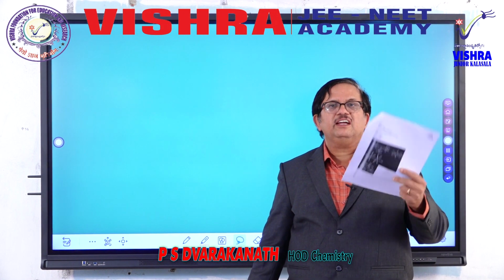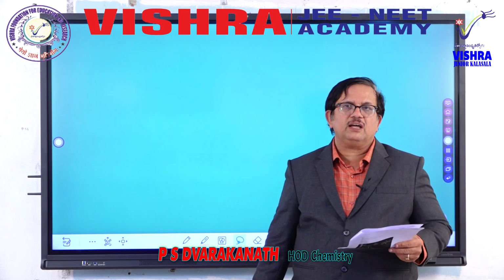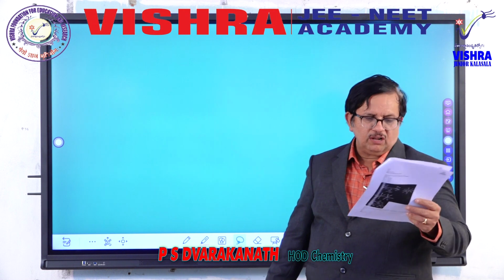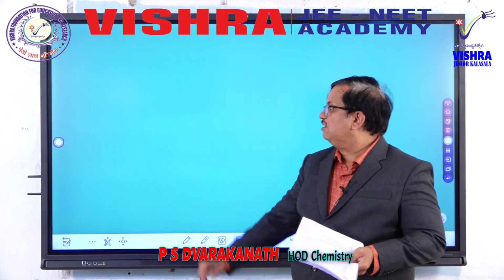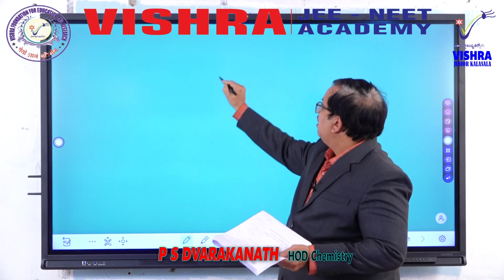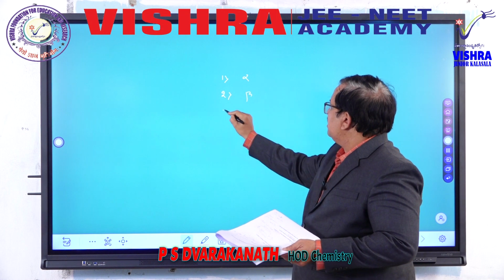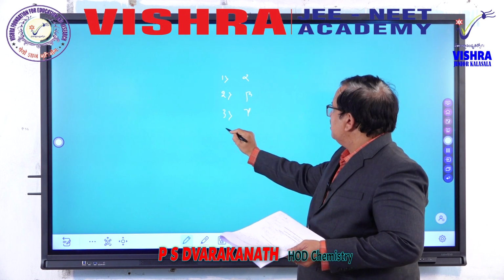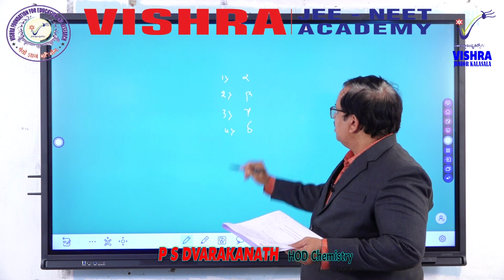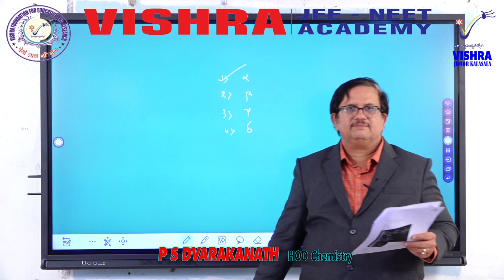There are 20 amino acids, of which 10 are essential amino acids. The options given are alpha amino acids, beta amino acids, gamma amino acids, and theta amino acids. Then the right option is the first option.